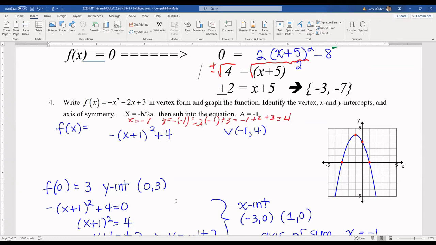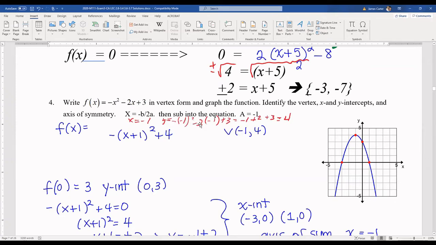Okay, here's another one. In this case, A is -1. If we use x equals -b/2a, we get x also equals -1. So -1 is the x value of the vertex and also our line of symmetry.